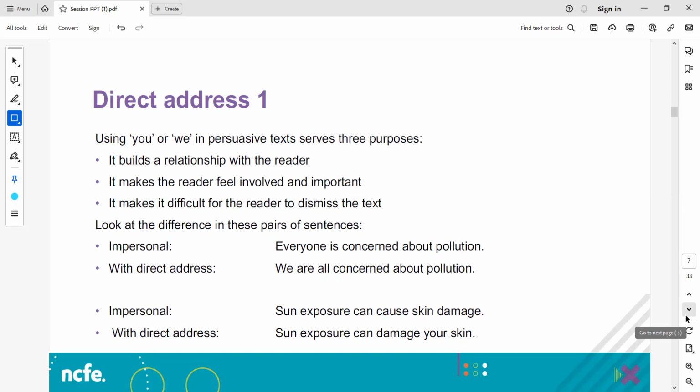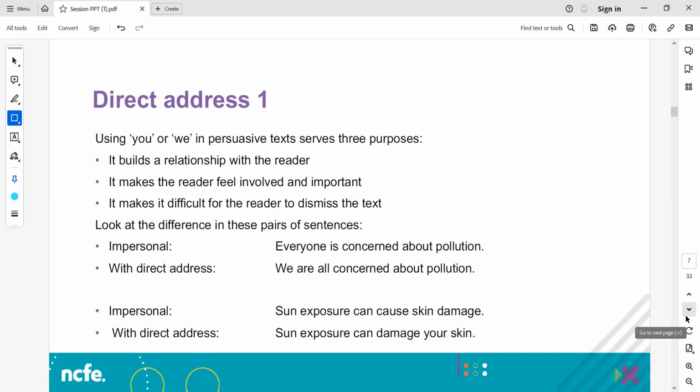So there's some sentences here, and they are shown as impersonal, and then the language is changed to make them a direct address. So the first one, everyone is concerned about pollution. But then with direct address, we are all concerned about pollution. So everyone has been changed to we.